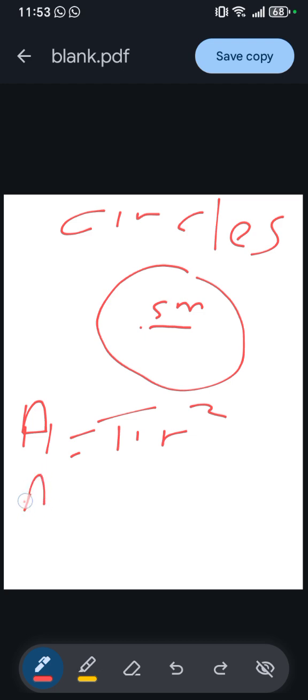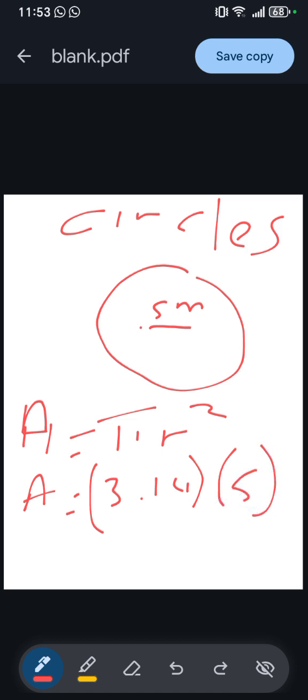So you just say area equals 3.14 multiplied by 5 squared equals, then our final answer I believe is gonna be 78.5 meters squared. Okay guys, you just need to square things whenever you're dealing with area. Okay, let's move on to the next question.